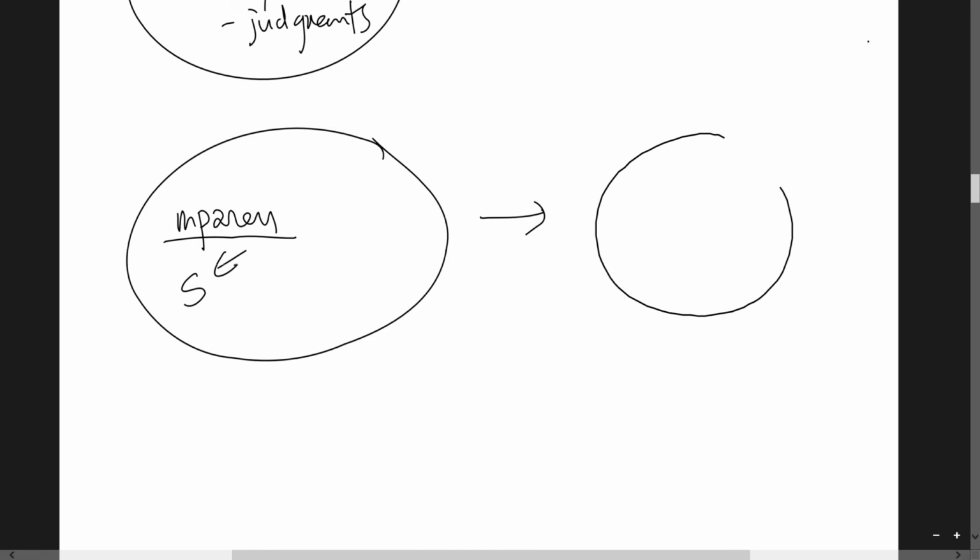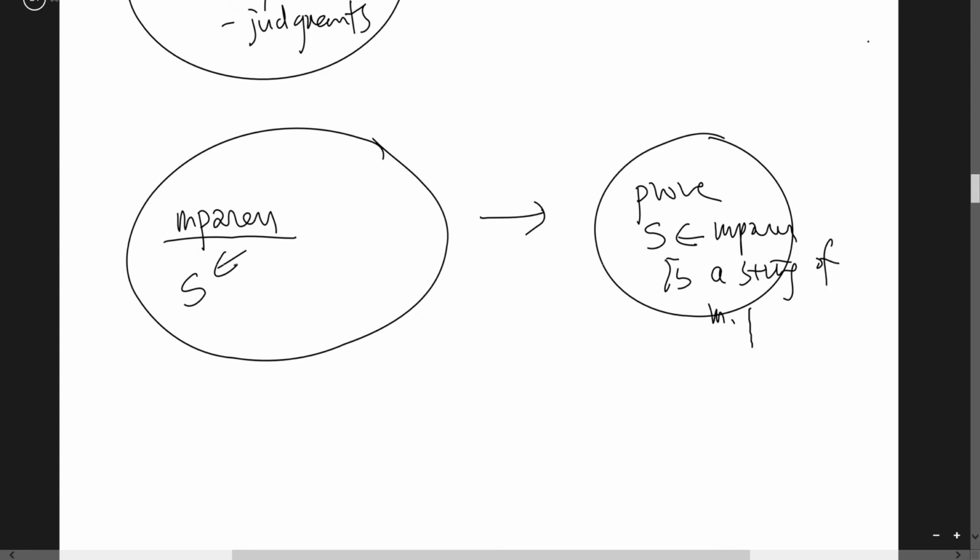So we want to prove, for example, that every string that belongs to m-parent is indeed a string of matched parentheses. You want to prove this property yourself.